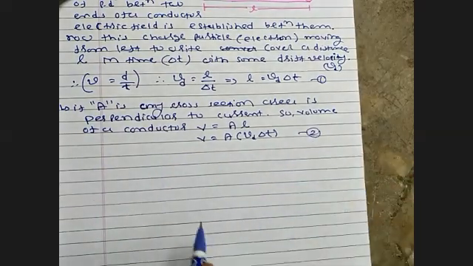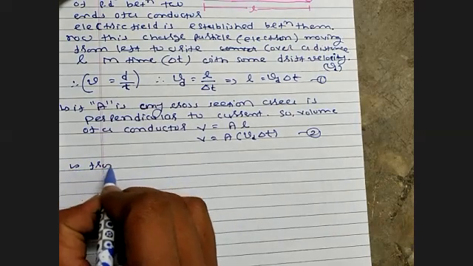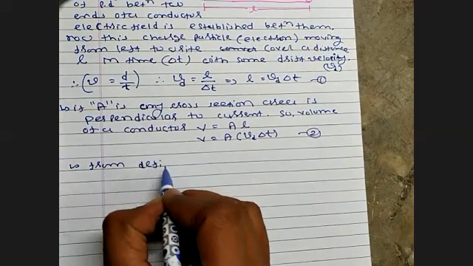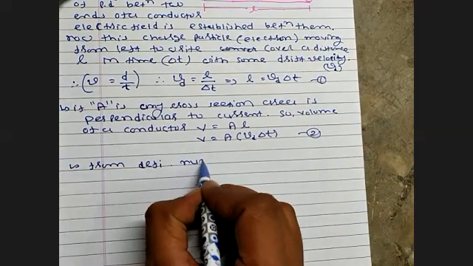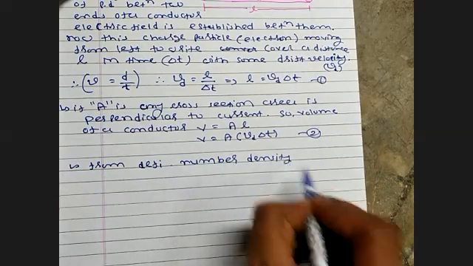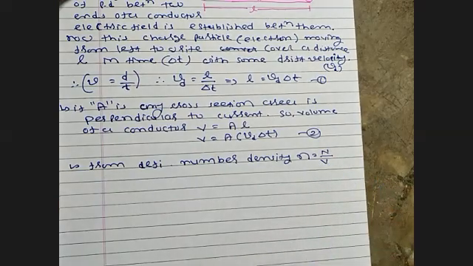Equation number 2. Now, the number of charged particles per unit volume is the number density. From the definition of number density, small n is equal to number per unit volume.